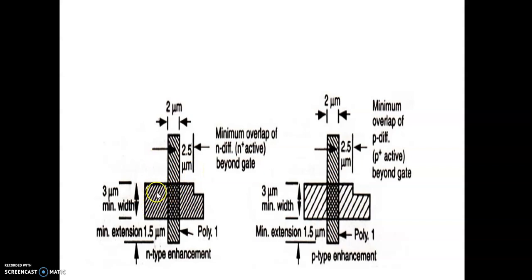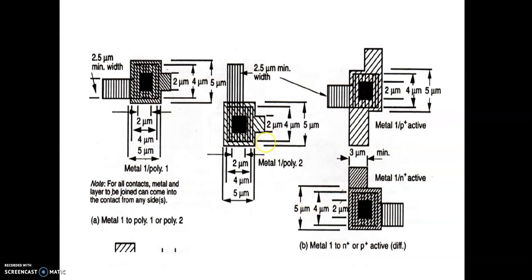The width should be 3, and polysilicon should extend by 1.5. Similarly for a P transistor, P diffusion should extend by 2.5, whereas polysilicon should extend by 1.5. Even the minimum contact is 2 lambda by 2 lambda.